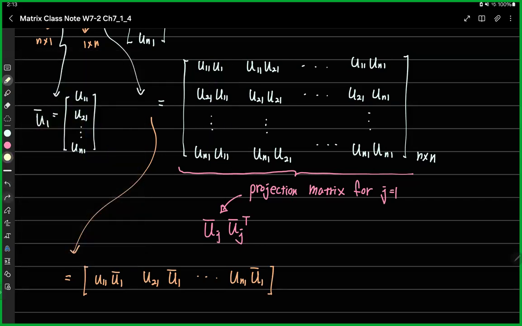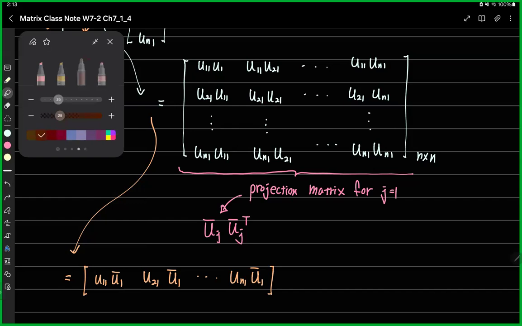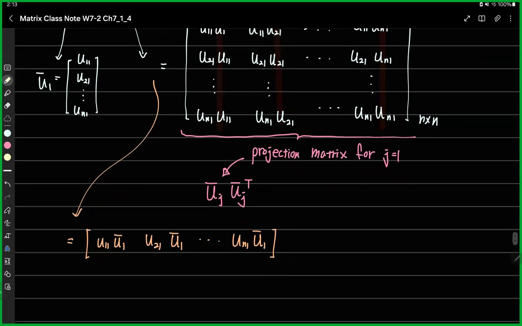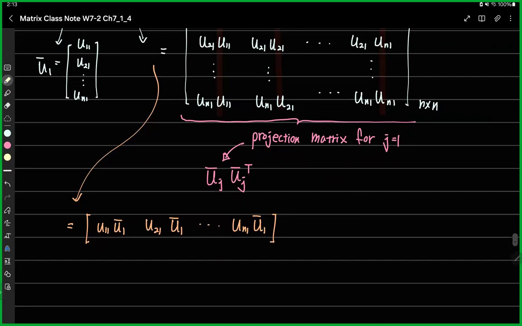Okay. So u1 right here, u21 through un. All right. And you see that, by the way, u11 times u1, each column is what?